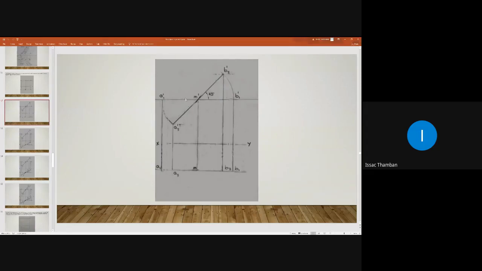Take 40 mm in your compass and with M dash as center, draw an arc like this and intersect the 45-degree line at A2 dash. Draw this arc, intersect here, that is A2 dash.